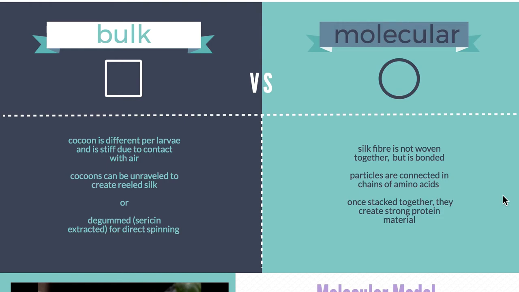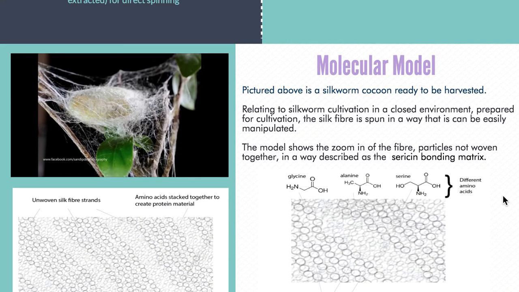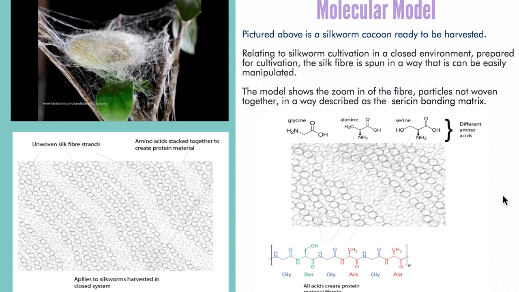In the molecular structure, the different strands made from silk fiber chains are not woven together, but they are bonded by the sericin bonding matrix. The particles within these silk fiber chains are different stacked amino acids, and once stacked together, they create the strong protein material fibrine. I will go into more depth about the molecular structure in my model.